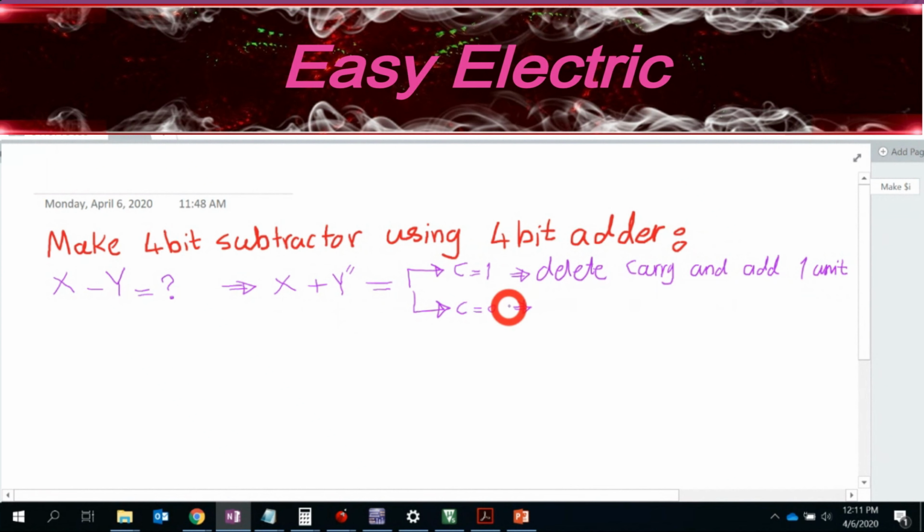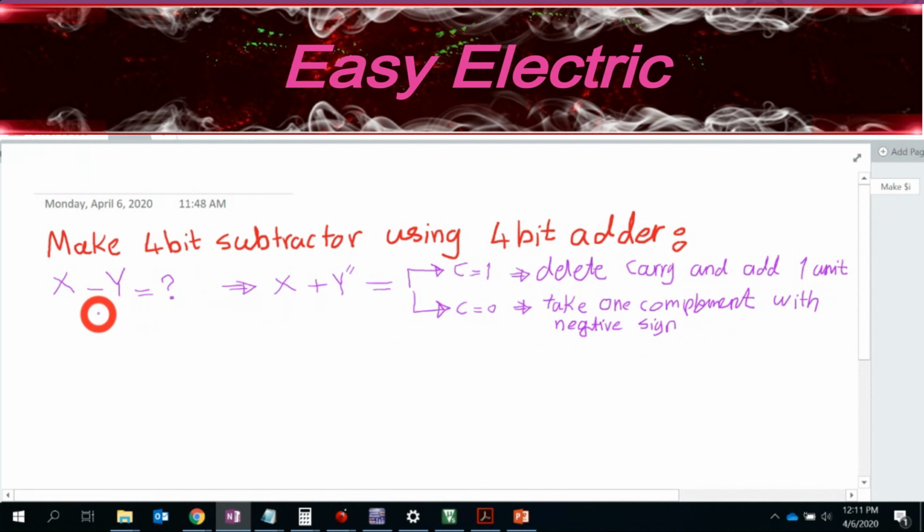Whenever carry was 0, you take the 1 complement with a negative sign, right? With a negative sign. We learned this in chapter 1.